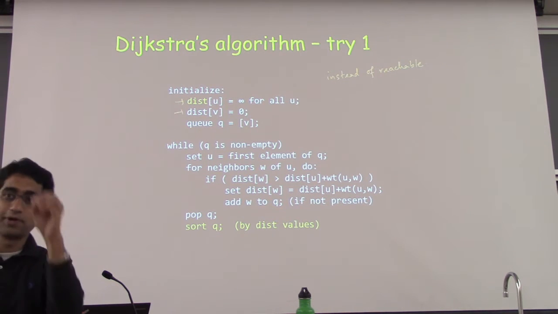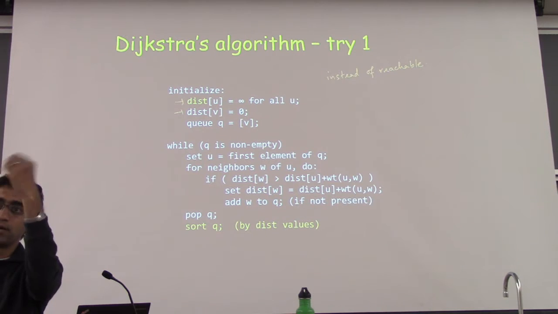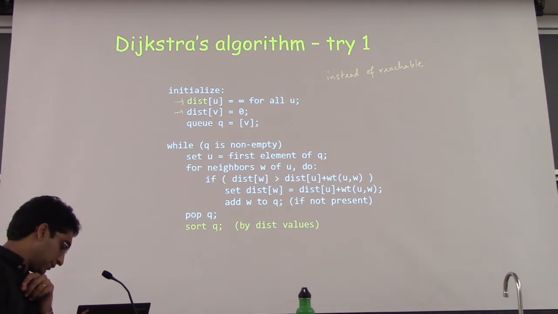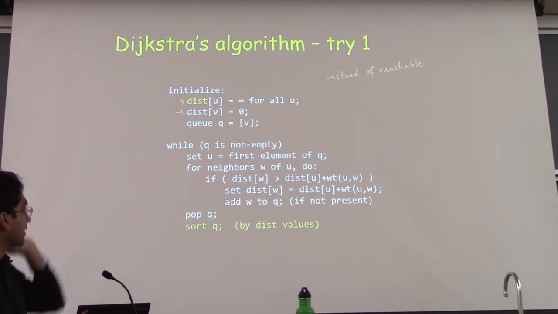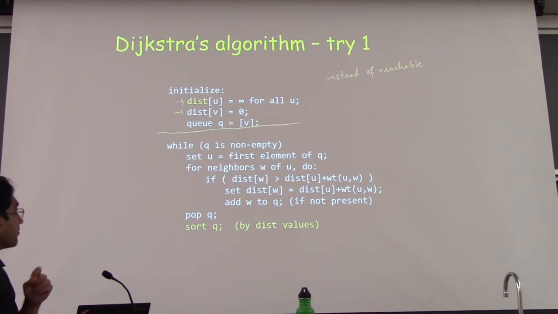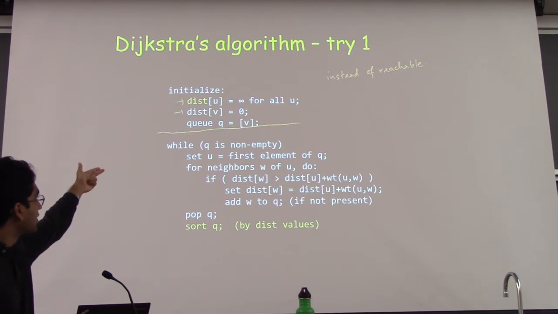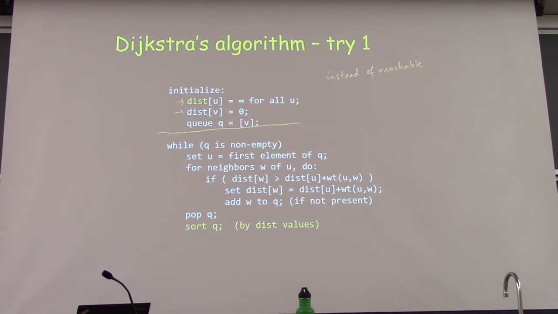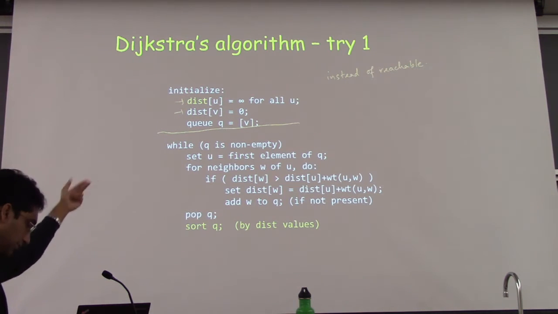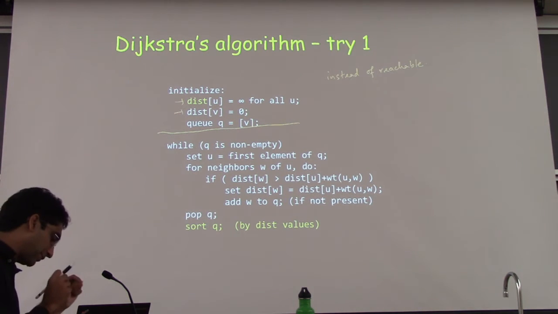Remember, we are trying to find the shortest paths out of v. So you initialize distance of v to 0. This is the same kind of initialization that we had before. And then you have this queue. And then again, you take the first element of this queue.